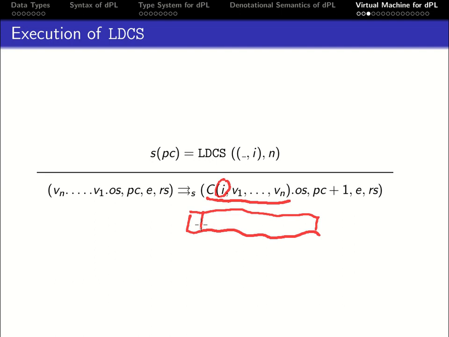And inside the stack, we have to differentiate this from all the other kinds of values that we have. So we put the C in front because it's constructed, right? This C is just a marker to say that inside the stack, this is a constructed value. It's just a convention of representation.